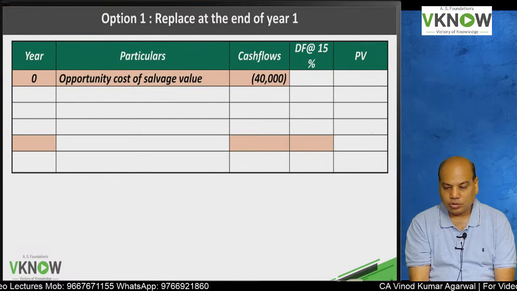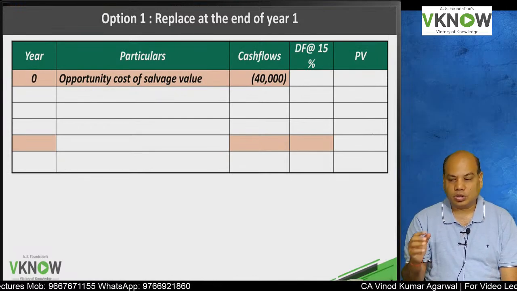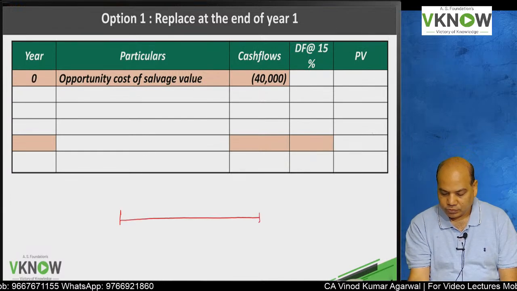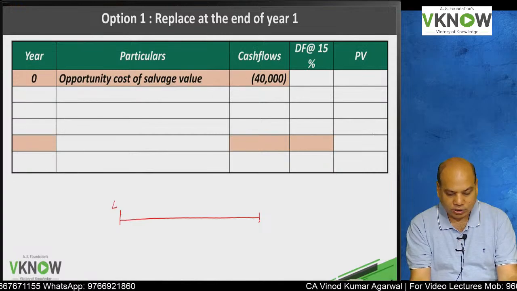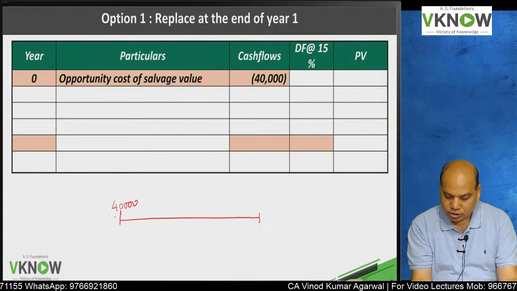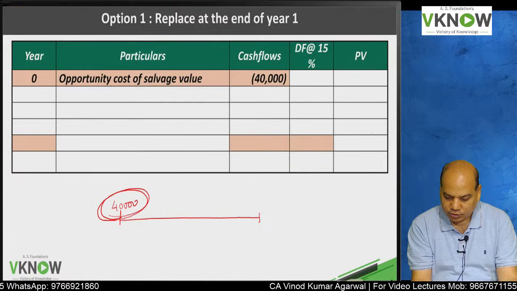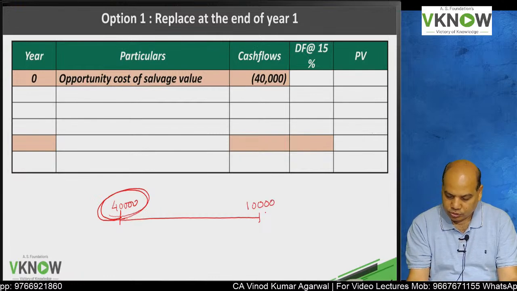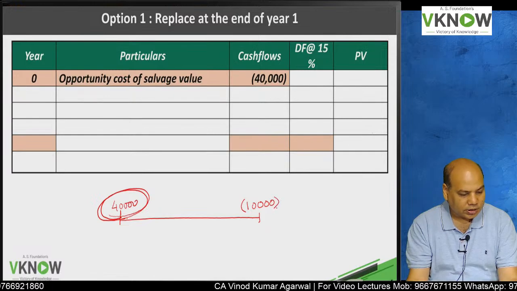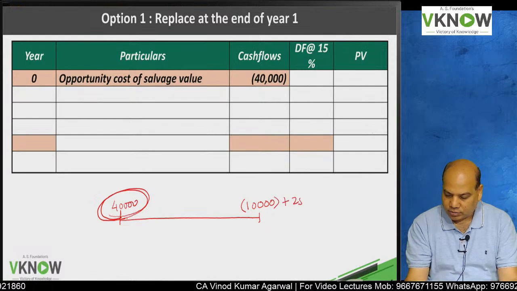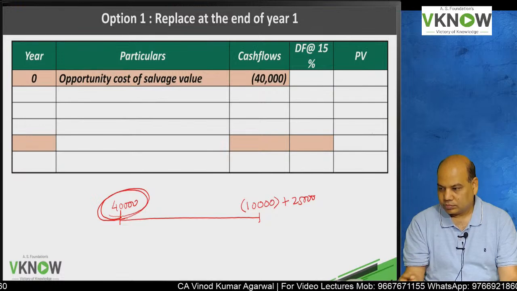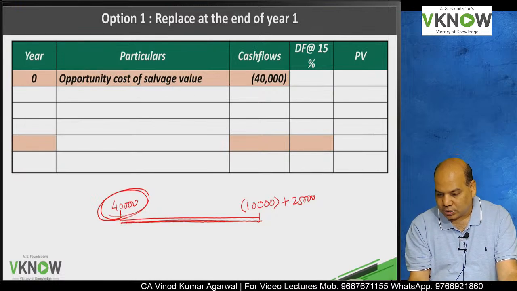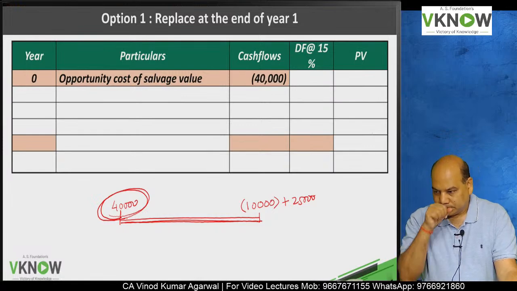So if you are going to compute EAC of the old machine, treat it as if you have to spend 40,000 rupees today, which is the opportunity cost of salvage value, and you are going to use it for 1 year. You will have to incur maintenance 10,000, but you will get scrap value. This is how you will compute the EAC of the old machine.